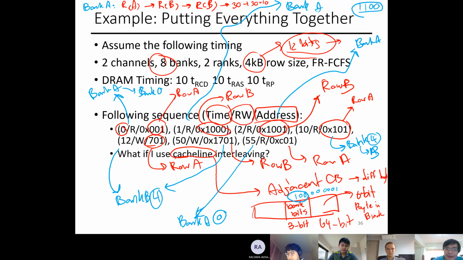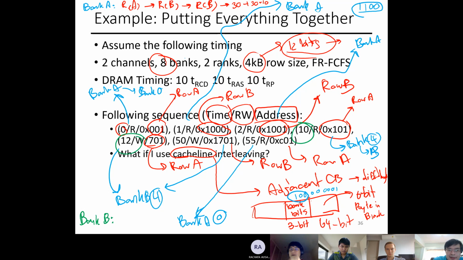The second set of things go to bank B. I'm gonna use a different color here. This request and this request at 10 cycle go to bank B. Right?